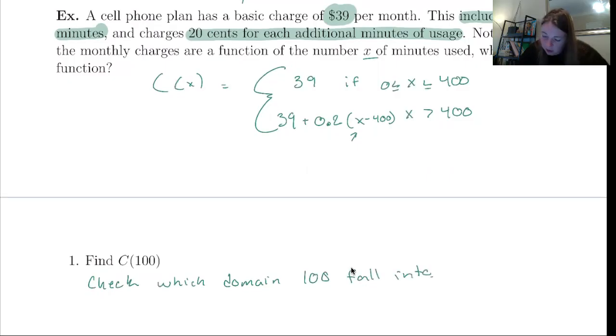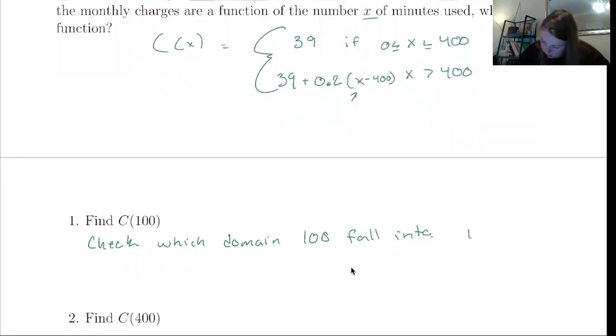And it would be the first one. So 100 is less than or equal to 400. So C of 100 equals 39.